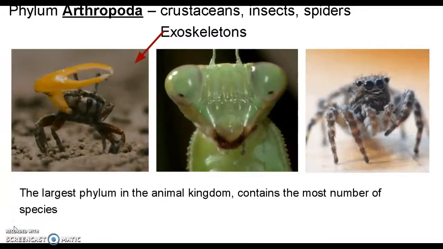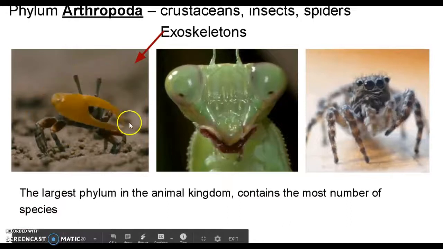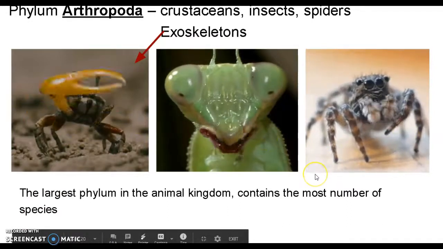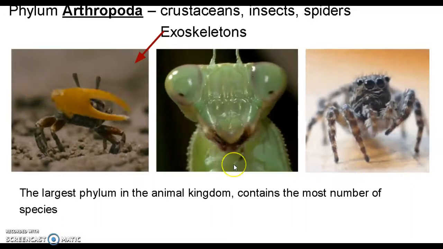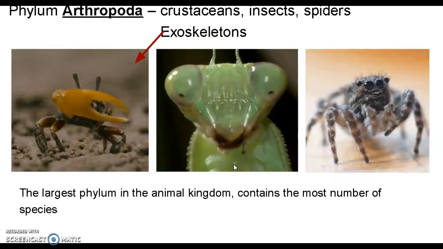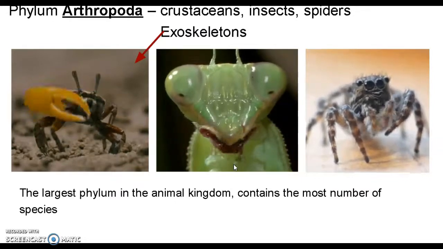Next, we have phylum Arthropoda. These include crustaceans, like this crab, insects, and spiders. What these all have in common is that they contain hard exoskeletons. This is the largest phylum in the animal kingdom, and it contains the most number.